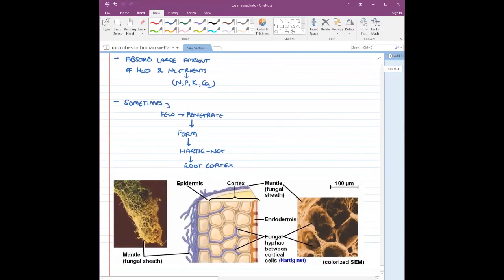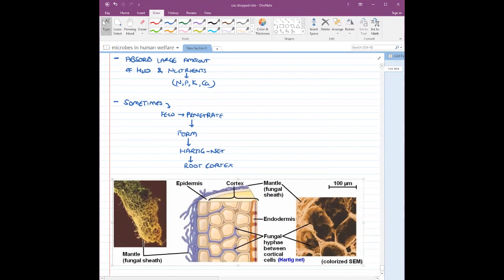You are going to see that it stays on the top only. When it stays on the top, it forms that sheet kind of thing, so that is your mantle. But I told you, not all, only some of them are going to enter inside. And when they enter inside, they form a net-like structure, netting kind of a thing. That is called your Hartig net structure, guys.